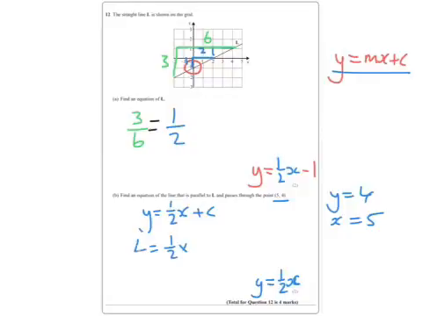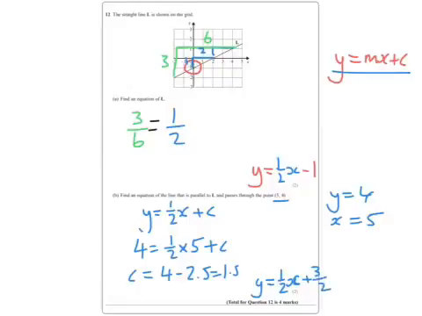So c has got to equal 4 minus 2.5, which equals 1.5. Okay, 1.5. And I'm actually going to call it that.